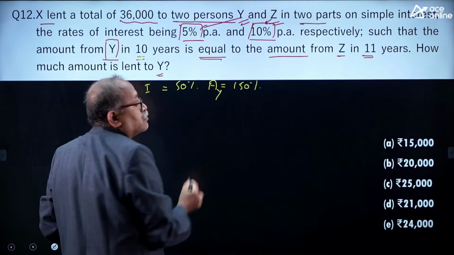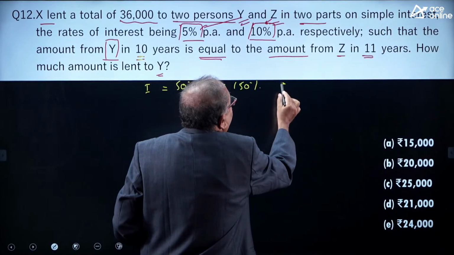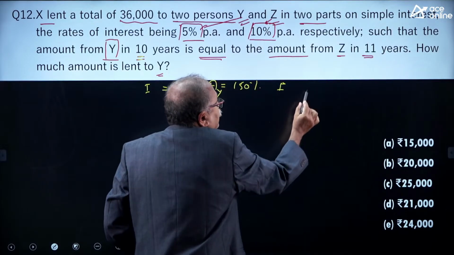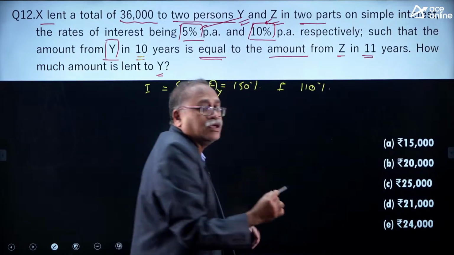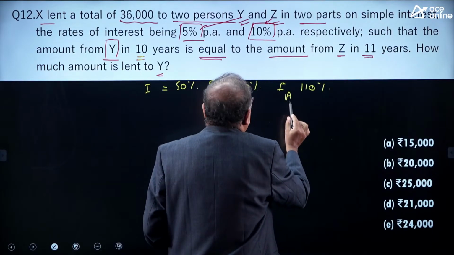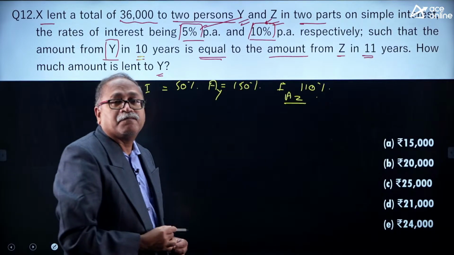What is the amount of Z? Here the interest is 10% for how many years? 11 years. So, 100 and 110% is the amount. It is given that the amount of Z is 110% of the principal.